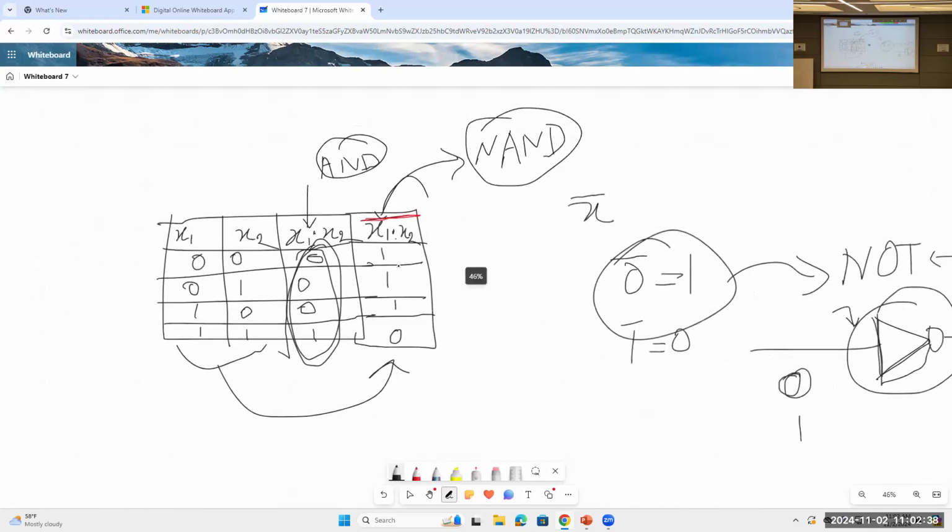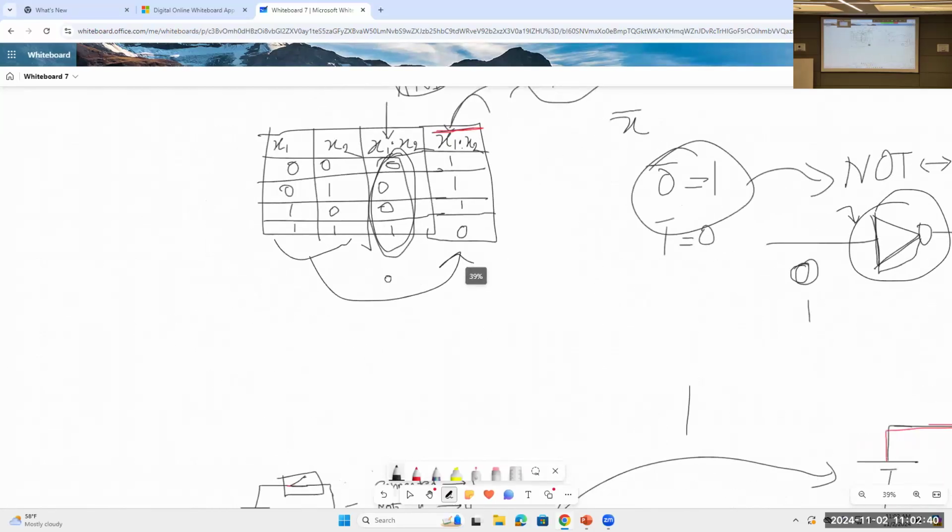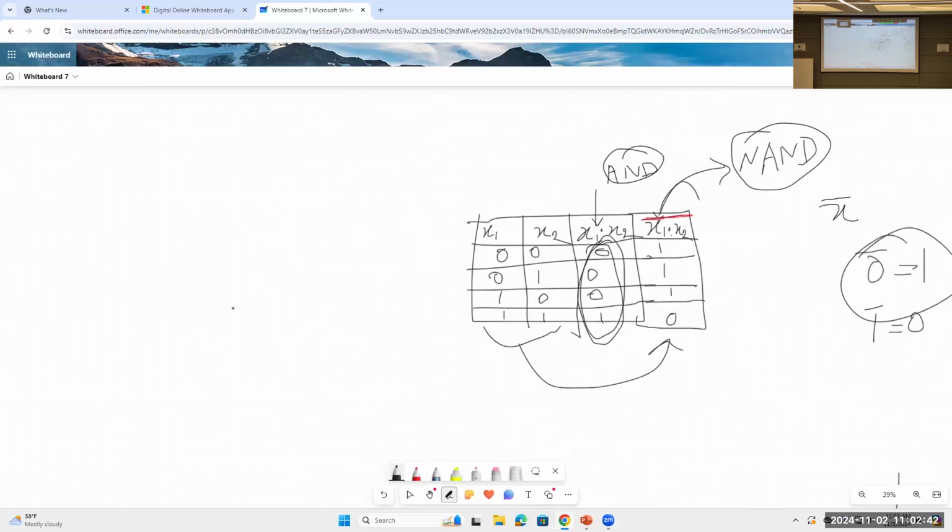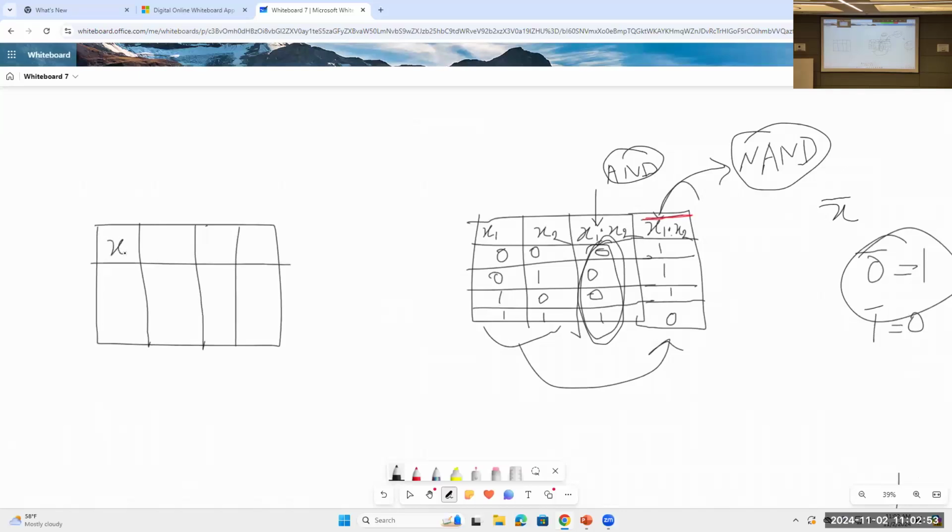In a similar way, we can do this for OR as well. Suppose this is x1 and this is x2, and this is OR.